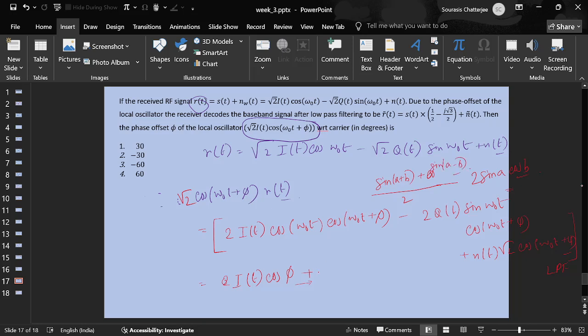Okay, so from this calculation what am I supposed to get here? Divide by 2 will not come, sir. Okay, divide by 2 will be there: sine of a plus b plus sine of a minus b, over 2.